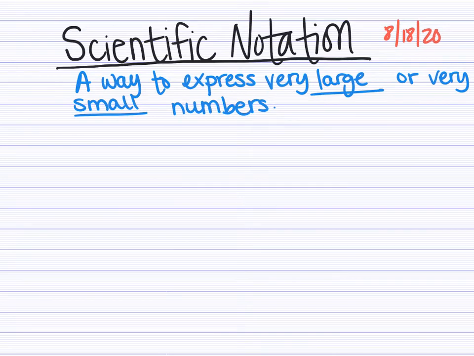All right, so let's talk about the format for scientific notation. First, you have a number. This number has to be a decimal number. It has to have one non-zero digit to the left of the decimal, so it has to have some kind of whole number in it.